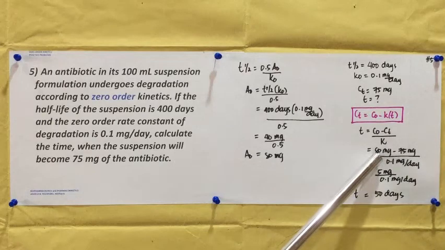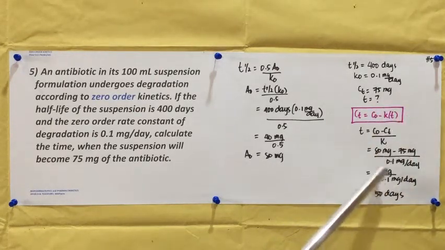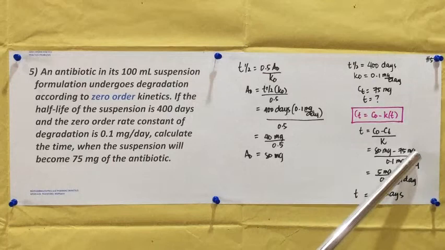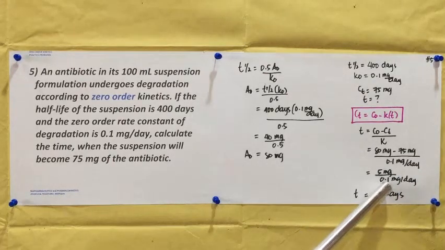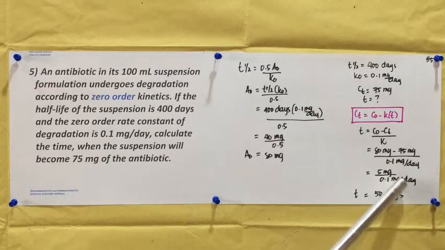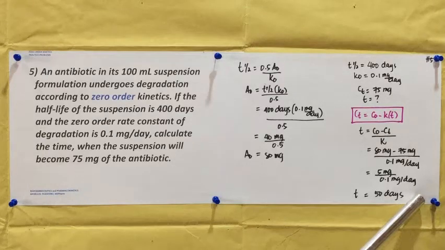So CO is 80 minus 75, which is the CT, divided by the KO, which is 0.1 milligram per day. So 80 minus 75 is 5 milligram, divided by the KO, which is 0.1 milligram per day. Again, we will cancel both milligram. So what will be left is day. So the T now is equivalent to 50 days.